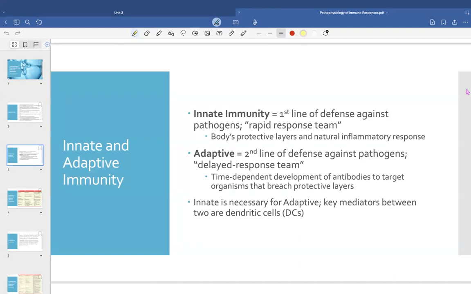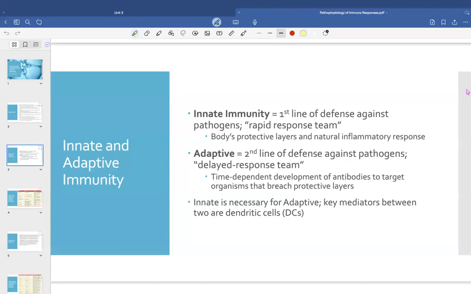It's typically delayed. However, the delay is really for the first encounter. With subsequent encounters, it can come up to speed very quickly and respond. The innate is absolutely necessary for adaptive.